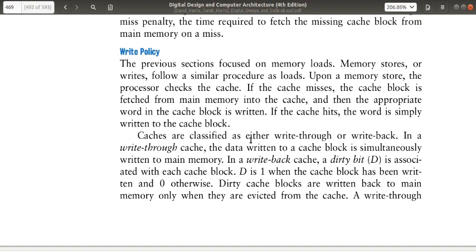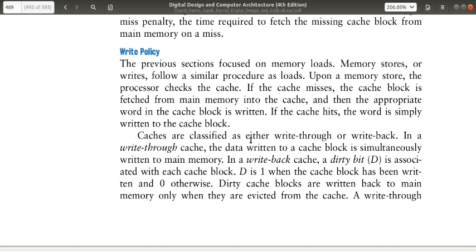So that is the question here. Write policy means when, at what point of time, or how frequently we update the main memory when the corresponding memory in the cache is updated by the processor.